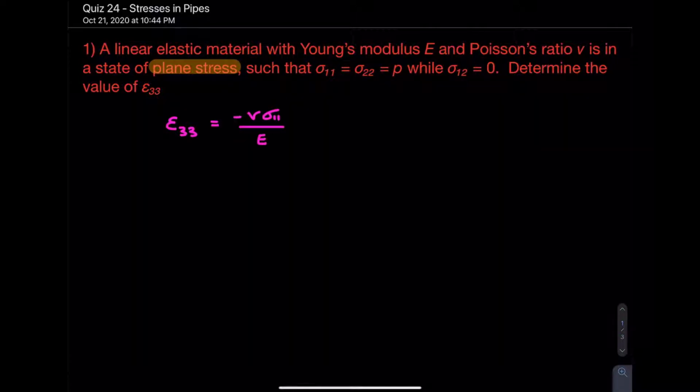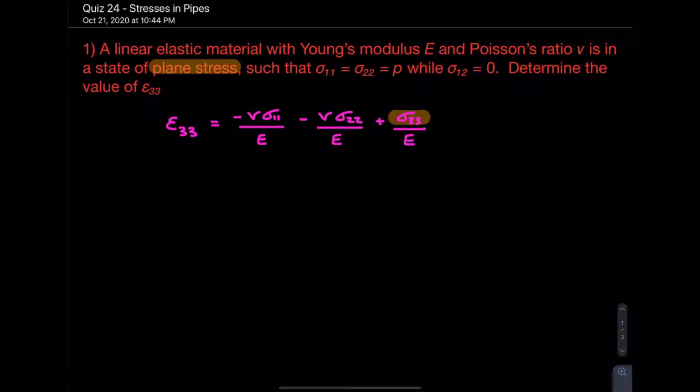Subtract V times sigma 22 all divided by E. And then finally added to sigma 33 all divided by E. Now, this formula has V and E, which we want it as a function of, so those are not a problem. It has sigma 11 and sigma 22, and we know that those are both equal to P. So the question becomes, what is going to be that sigma 33?